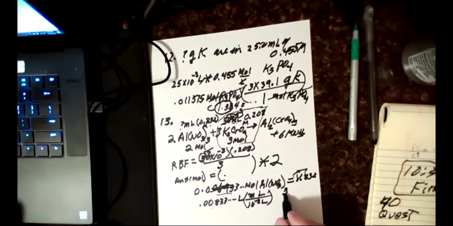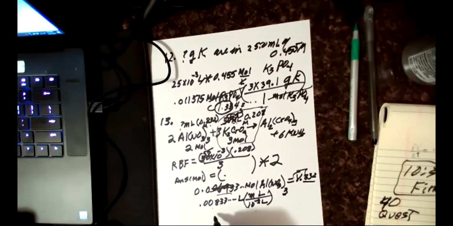I need to divide it by 0.833. And that gives me a different number. And then I need to divide that by 1 with an exponent of -3.